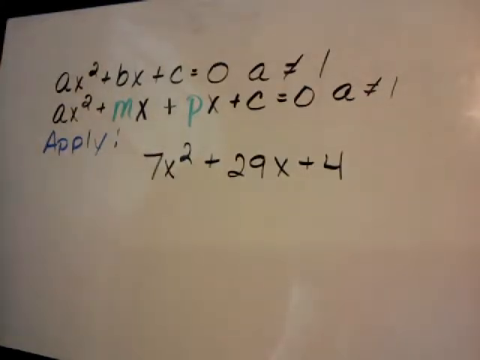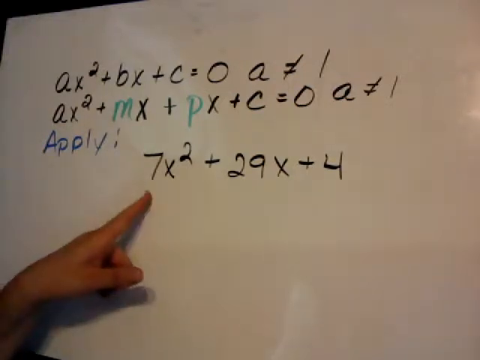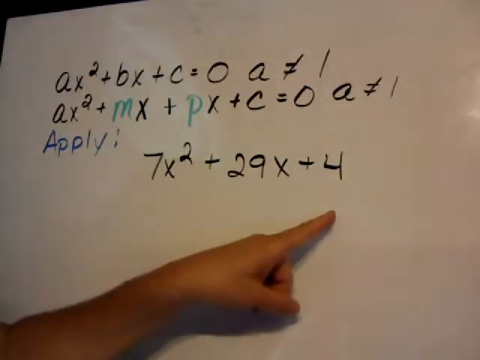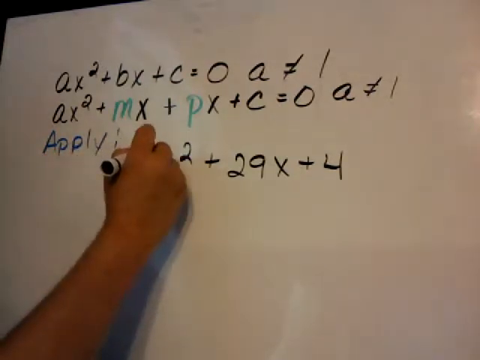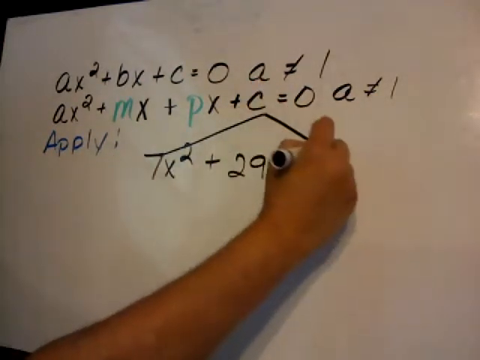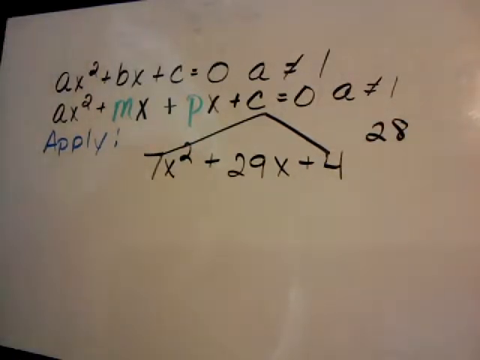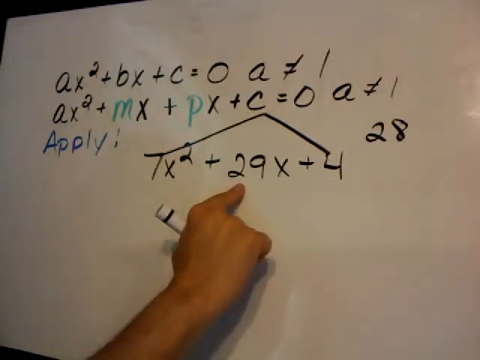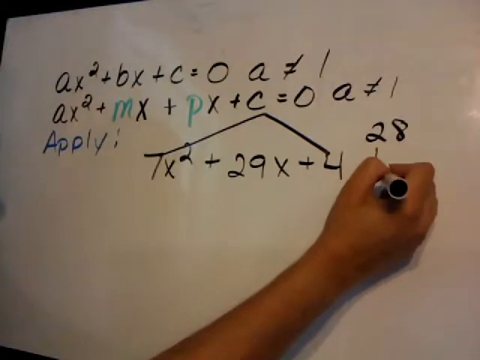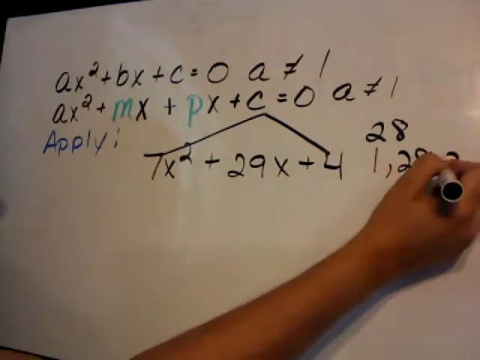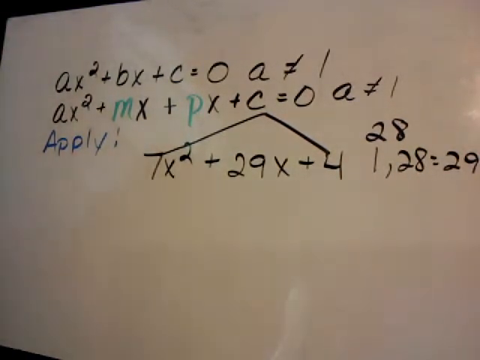Okay, our next problem is on page 511, and it is 7x squared plus 29x plus 4. First thing we're going to do is multiply a times c, which is going to give us 28. I need factors of 28 that when I add them together, I get 29, which of course is 1 and 28. So that's what I'm going to use.